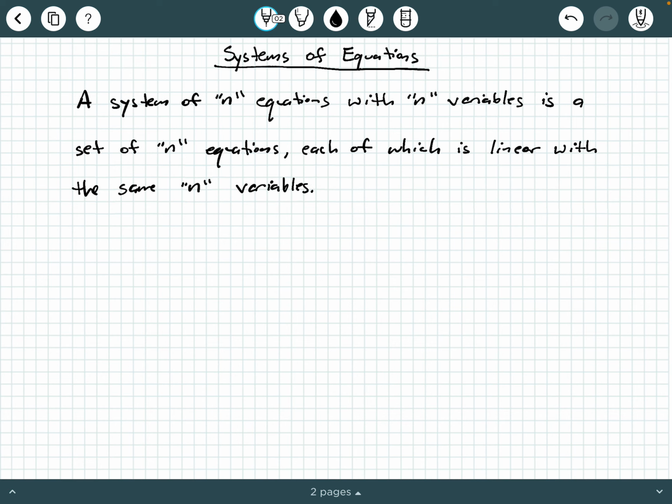Okay, so we've said n equations with n variables.